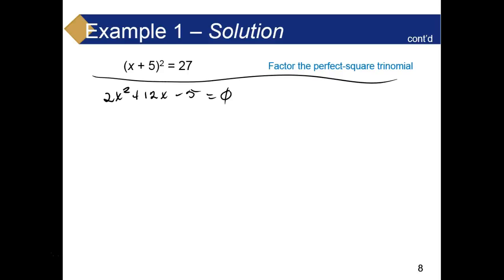Let's go on and move the 5 to the other side, because that's in the way here. Normally you wouldn't if you're factoring or something like that. We're not. We're trying to complete the square. So we move that over there, and that gives us 2x squared plus 12x blank is equal to 5.